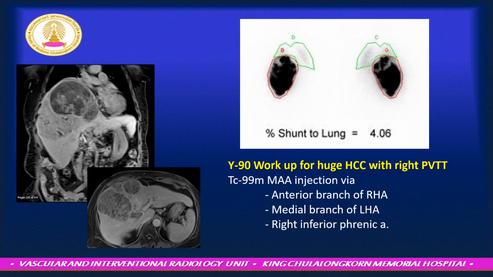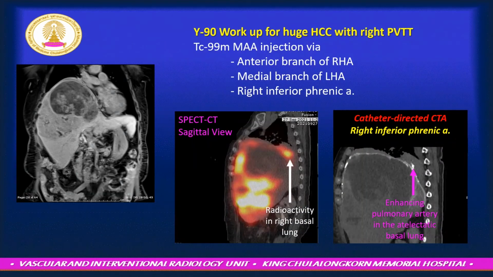However, during the image review for those calculations, we found an abnormal radioactivity in the right basal lung. After carefully reviewing the CT study during the Y90 workup procedure, we concluded that the abnormal radioactivity in the right basal lung is likely from the phrenic artery that anastomoses with the pulmonary artery in the atelectatic right basal lung. So we canceled the radioembolization of the right phrenic artery.